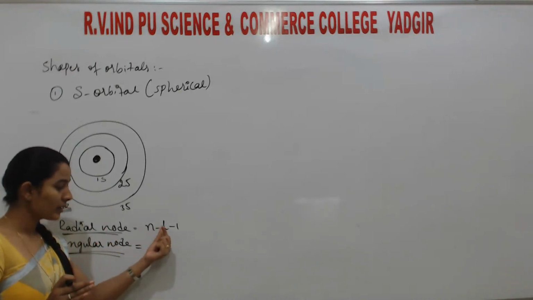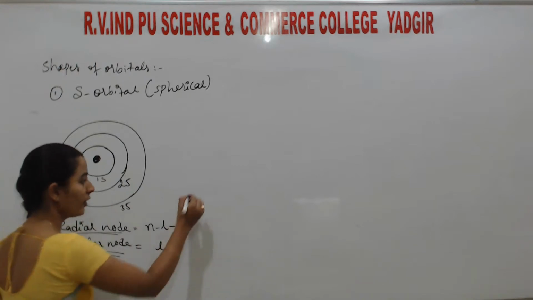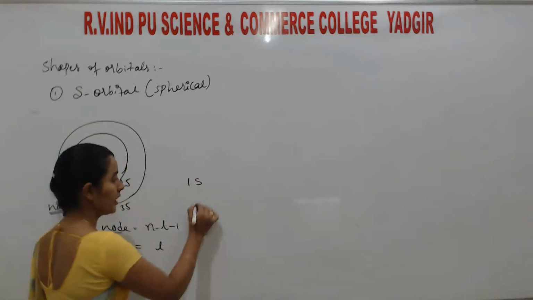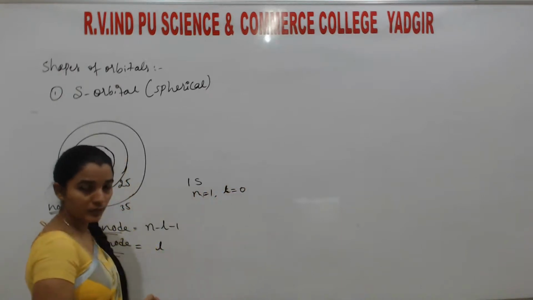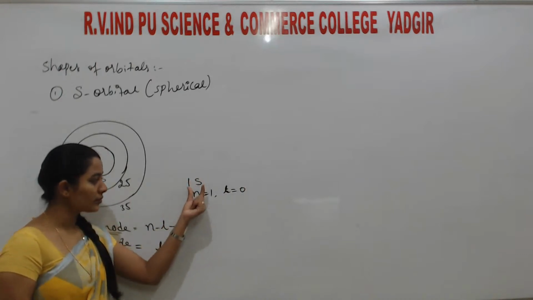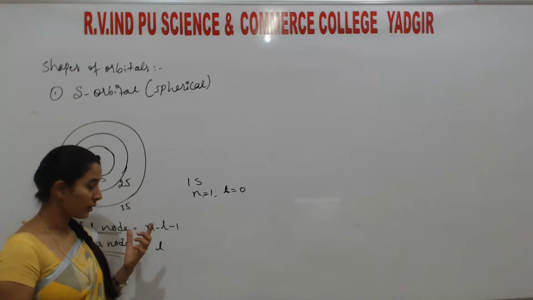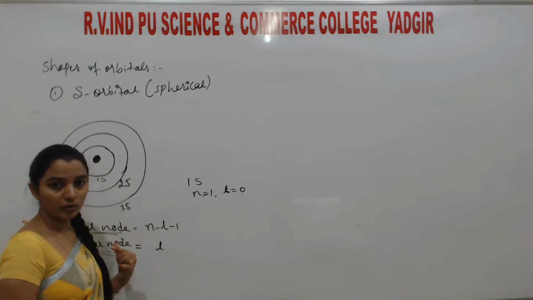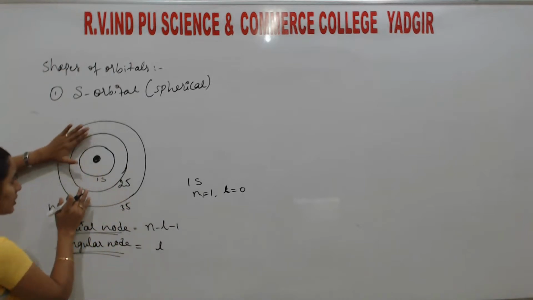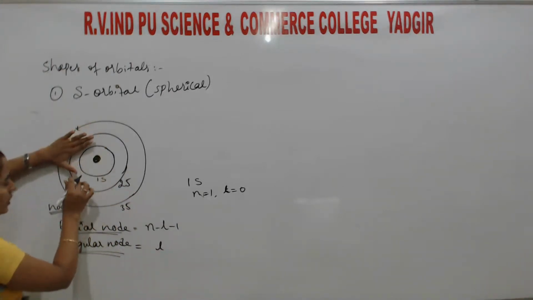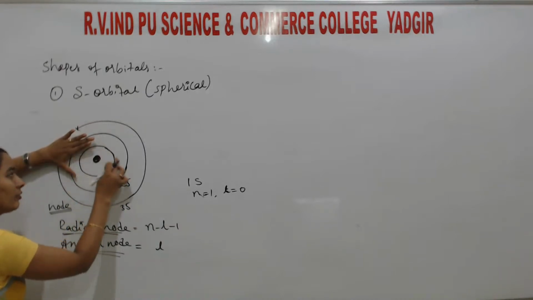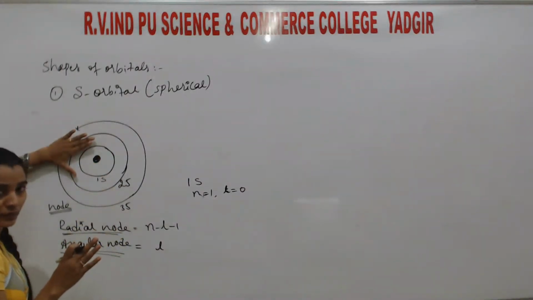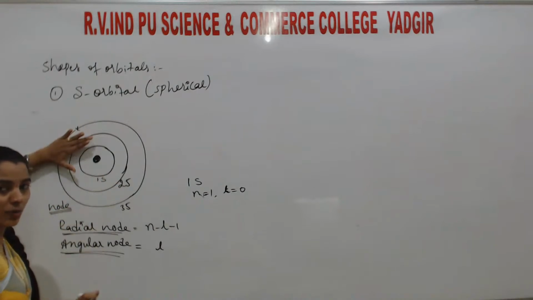For n minus l minus 1 for the 1s subshell, n value is 1 and l value is 0, so there is no radial node as well as no angular node. This is the 1s subshell. Nucleus is here, electrons are here, so of course there is a possibility of electron here. There is no radial node here. Inside the nucleus, of course, there is no possibility of presence of electron.